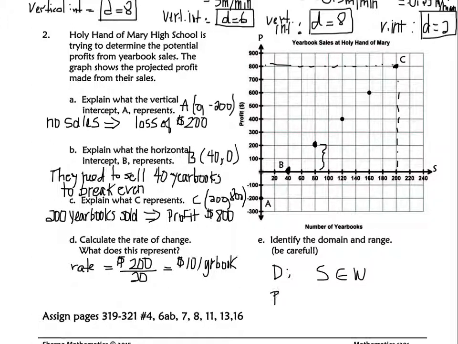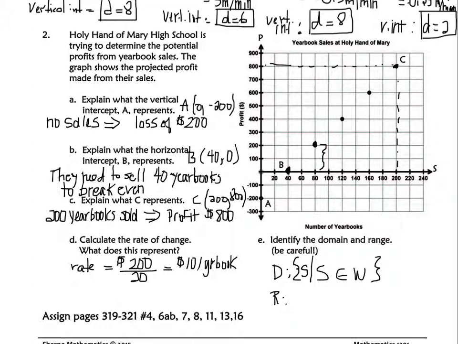And the range, we want to put that in set notation, just to practice set notation. The domain would be S such that S is a whole number. And the range would be anything from -200 on.